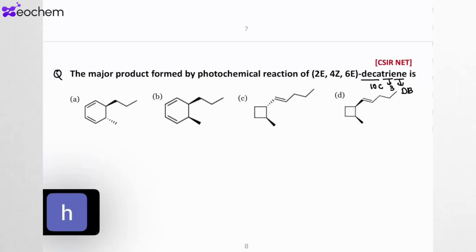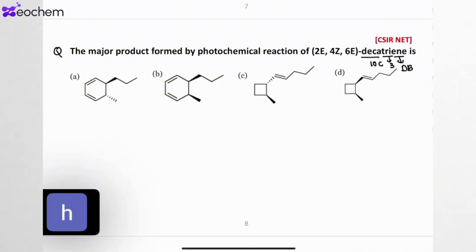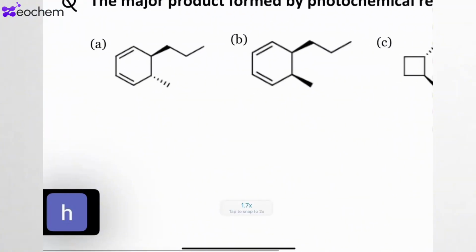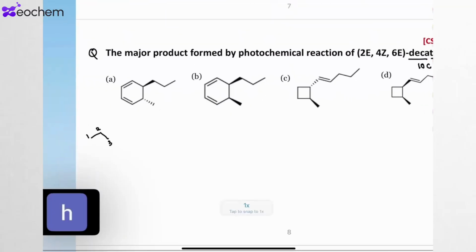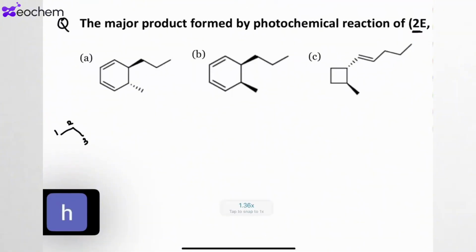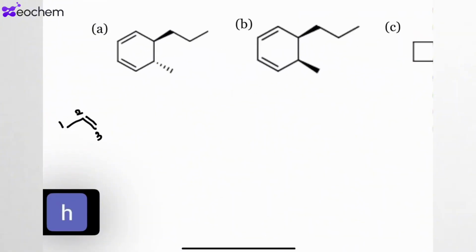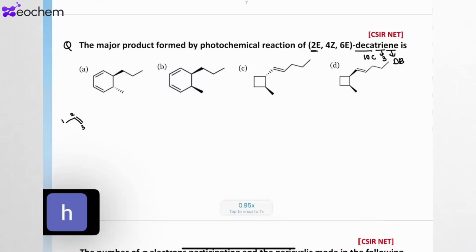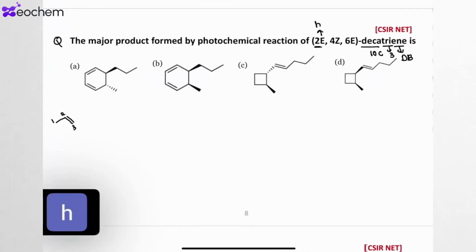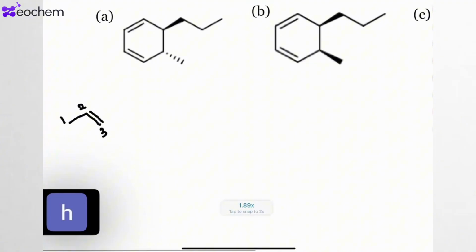So first we'll draw the molecule. 10 carbon atoms are there, right? So we'll draw it as 1, 2, and 3. Actually in 2 itself, a pi bond is there, so between 2 and 3 a pi bond is there, and that is E. E means trans, Z means cis. So this pi bond is trans.